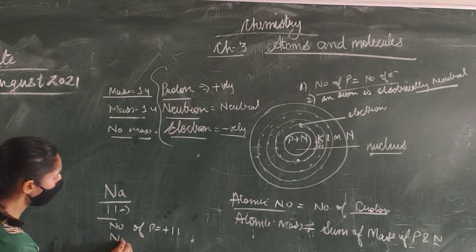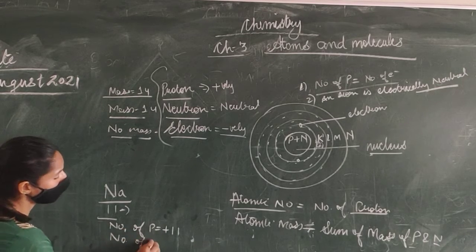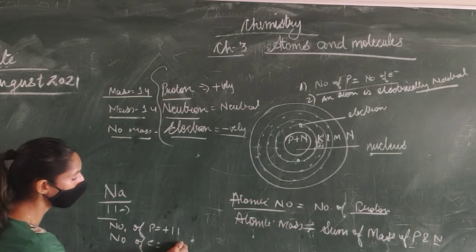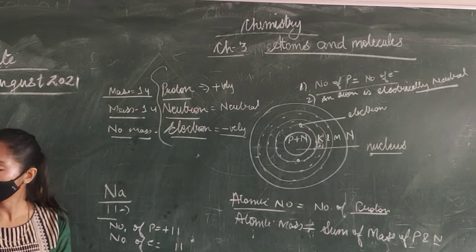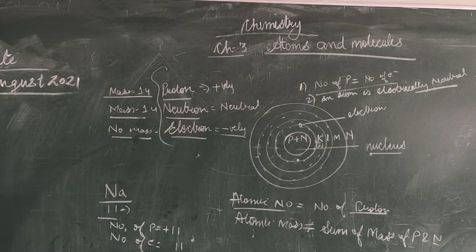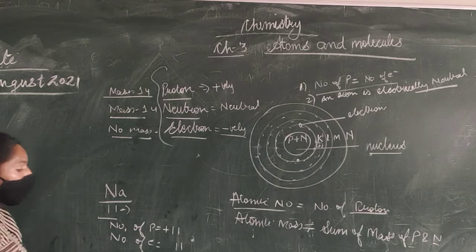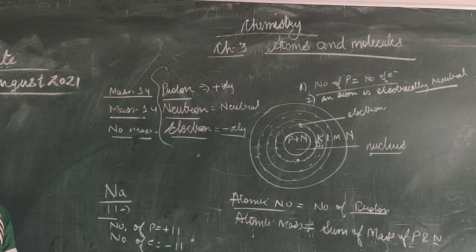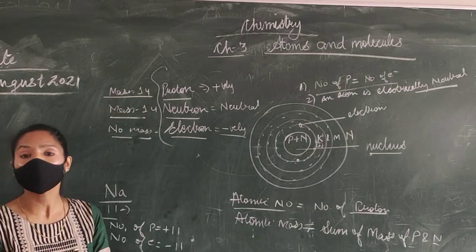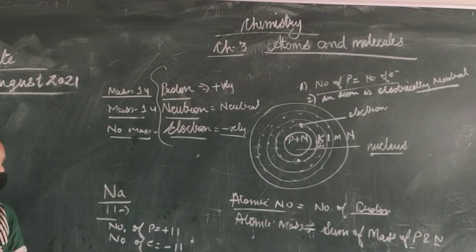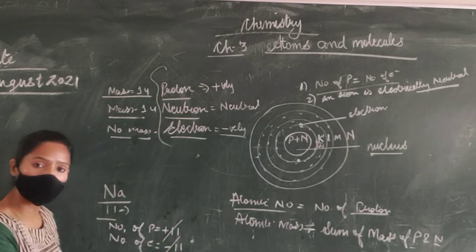So the number of electrons will again be 11. Electrons are negatively charged particles. One electron has a minus 1 charge, so 11 electrons will have a minus 11 charge. Since this atom of sodium has an equal number of protons and electrons, which have opposite charges, all the charge will cancel out.